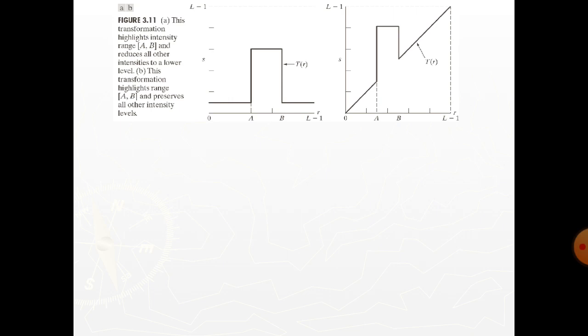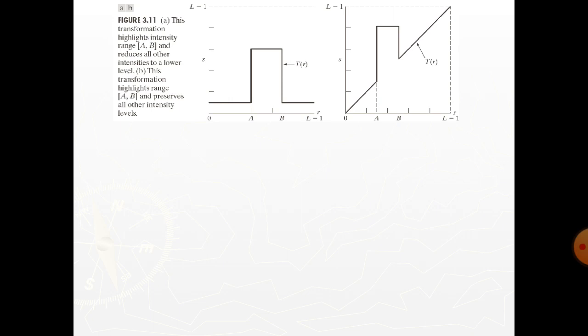So now, highlighting a specific range of gray levels in an image often is desired. Applications include enhancing features such as masses of water in satellite imagery and enhancing flaws in X-ray images. There are a few ways of doing level slicing, but most of them are variations of two basic themes.